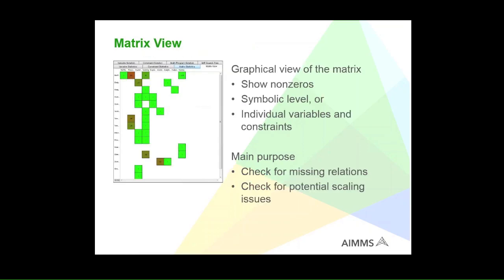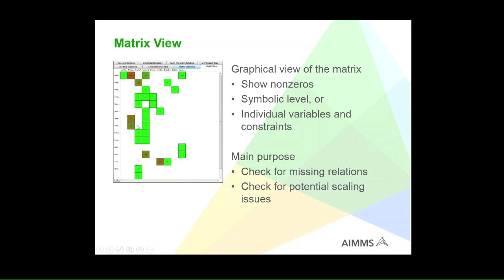The next part is the matrix view. And the matrix view is basically a general, graphical representation of the model. What you see here is that when there's a block, it means that there are non-zeros, meaning that this particular constraint contains this particular variable.